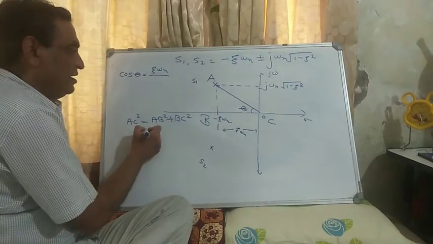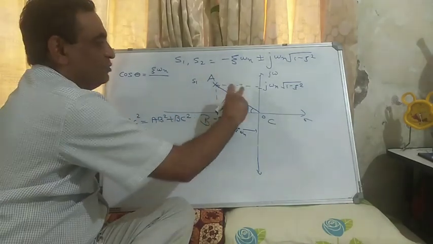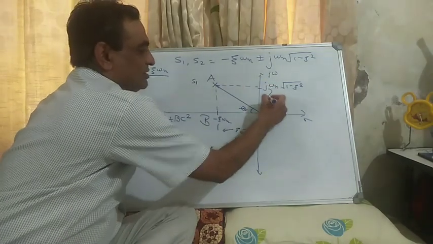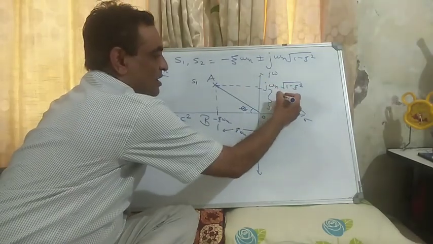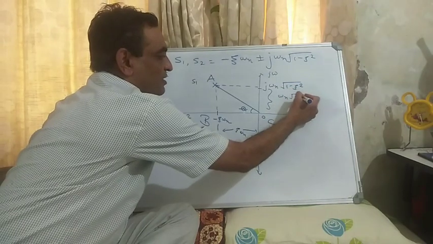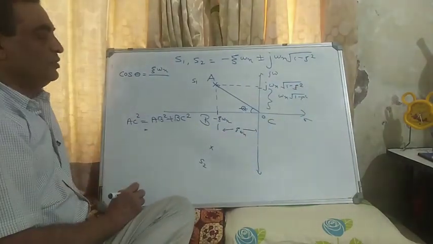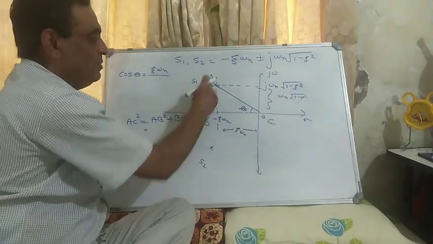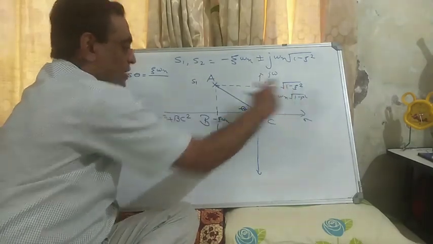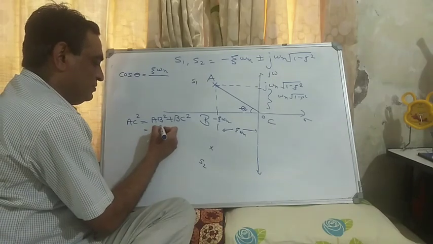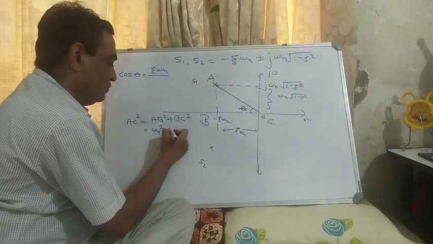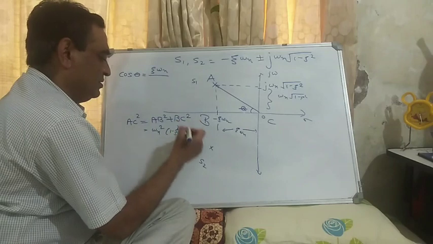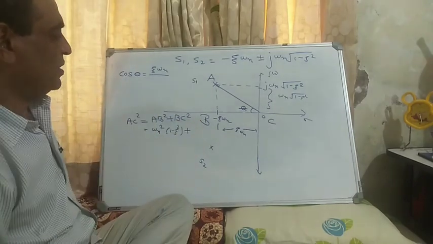AB is this distance, which is omega n into under root of 1 minus xi square. So AB square is omega n square into 1 minus xi square, plus BC square.